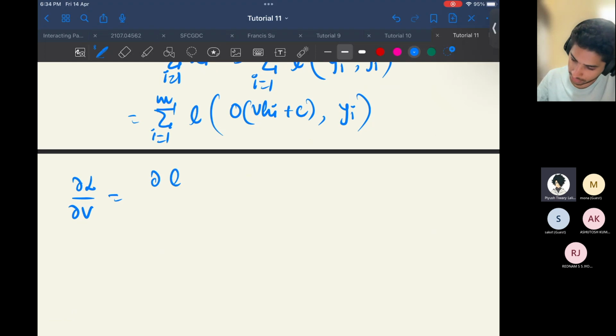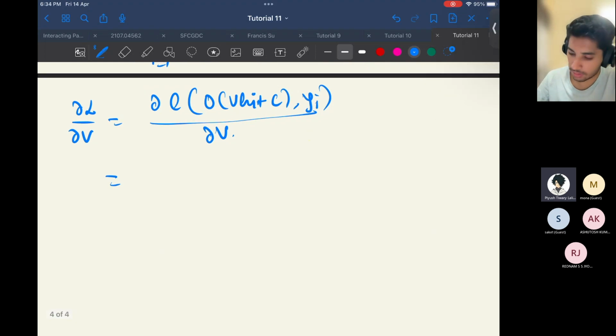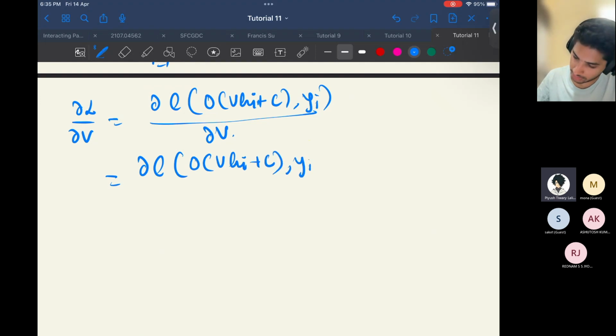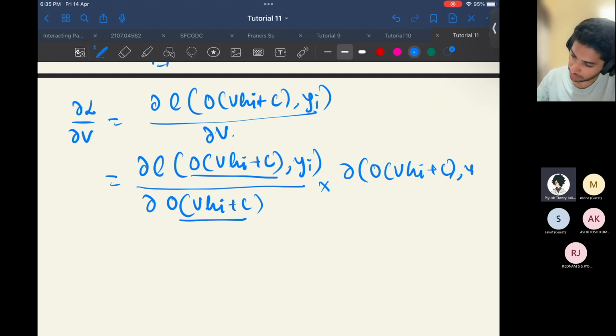That will be del of L of O of V hi plus C, comma yi, by del V. By using the simple chain rule that we have been using till now, this will become del L by del of O of V hi plus C, comma yi, into del of O of V hi plus C by del V.